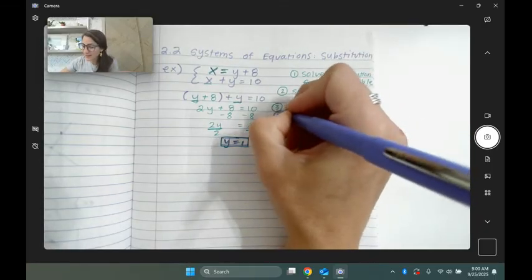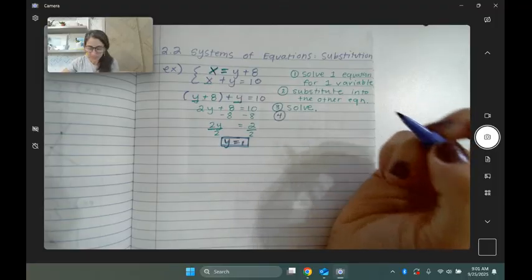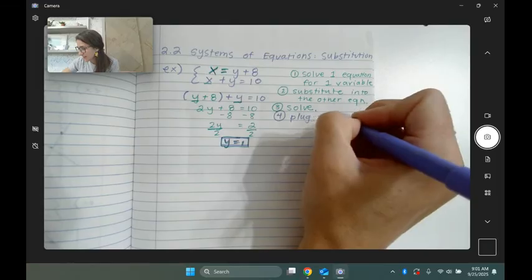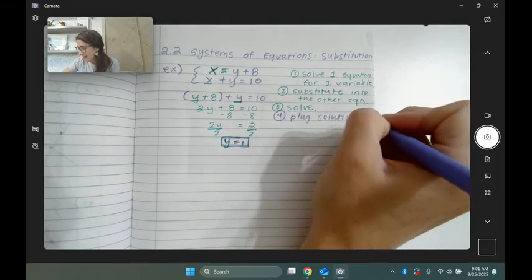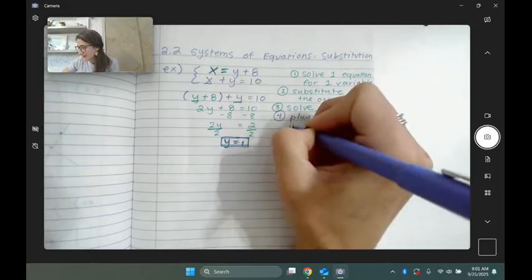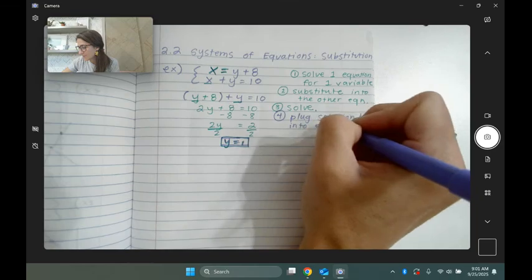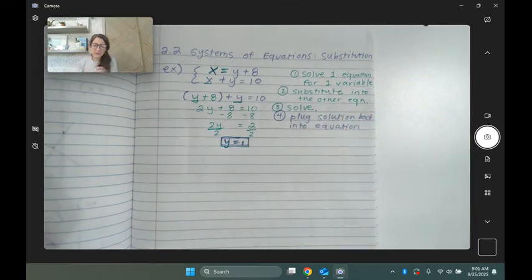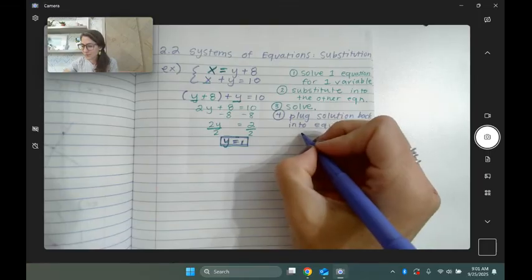So to find x, step 4, plug solution back into equation. I typically like to do the equation that's already solved for x, so I don't have to do any subtract from both sides, whatever.